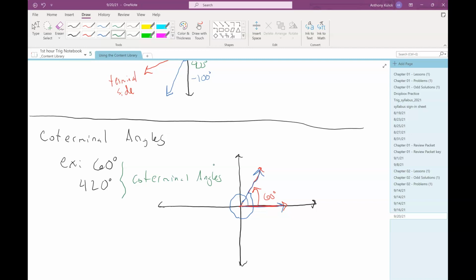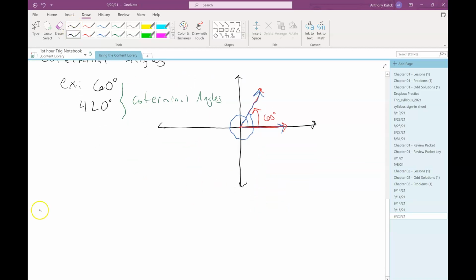If the terminal side is in the same spot, does it matter? And the answer is no, not really. So one of the questions that we'll be looking to ask here initially anyways is finding coterminal angles.